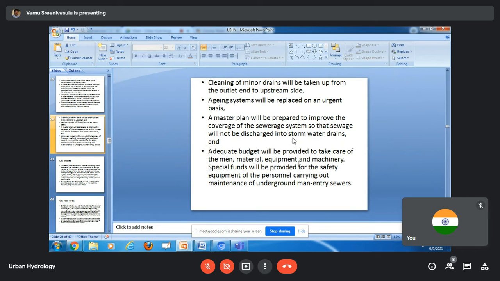Even now, in big cities like Delhi, even in small Kakinada, a man will go into the drainage system and physically clean it with his hands.